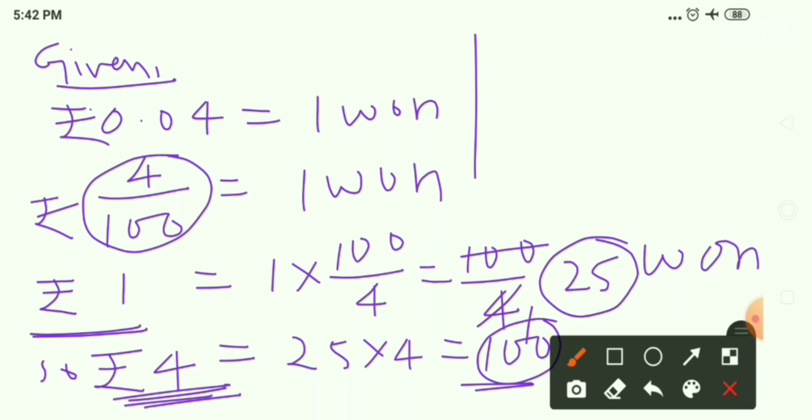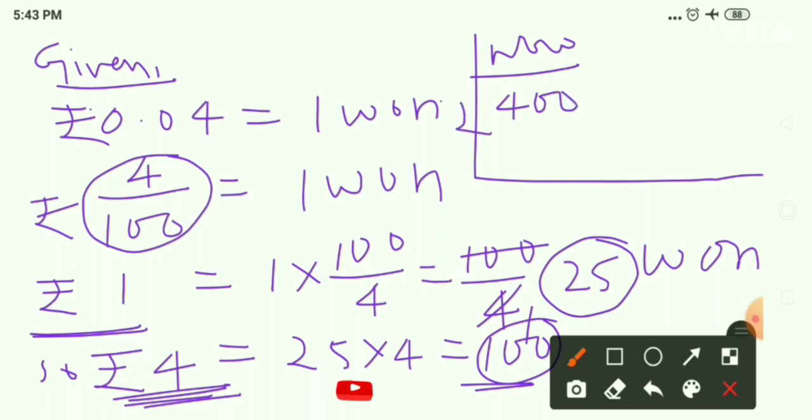Right? Now similarly you can also write 400 rupees is equal to, as we know that 1 rupee makes 25 won.